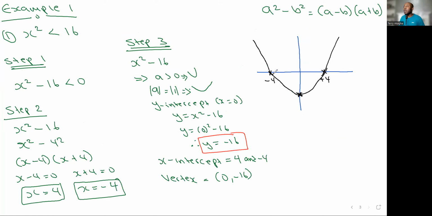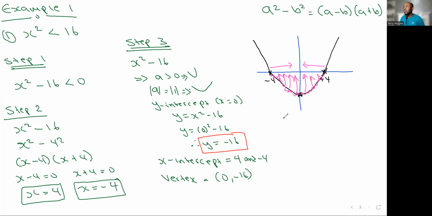So every part of the curve below the x-axis is where the solution is going to be. And it's because it's below the x-axis, so any point below the x-axis is going to be where the solutions for the x are going to be. So if you look at it, it's going to be greater than minus 4 and also less than what? 4.